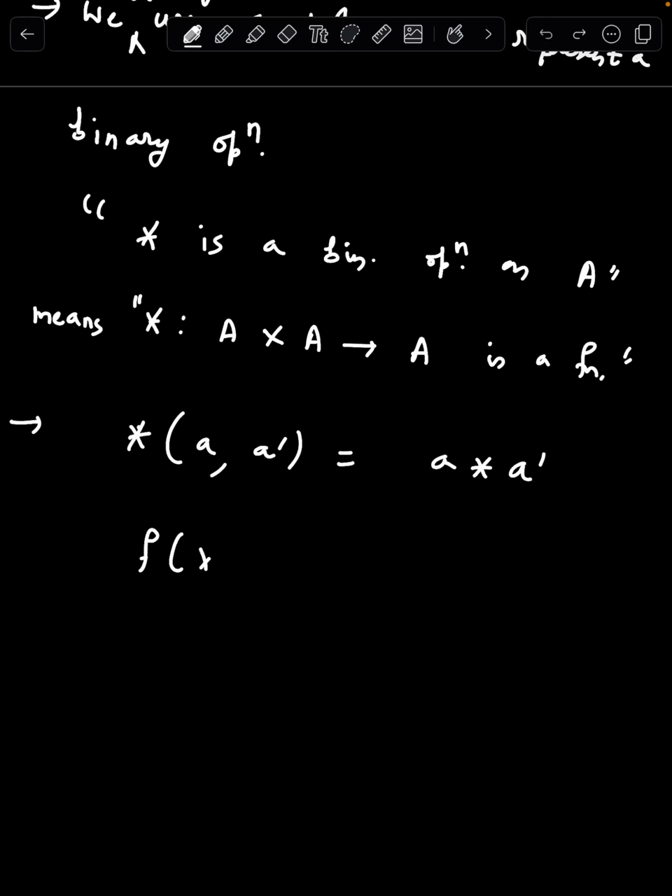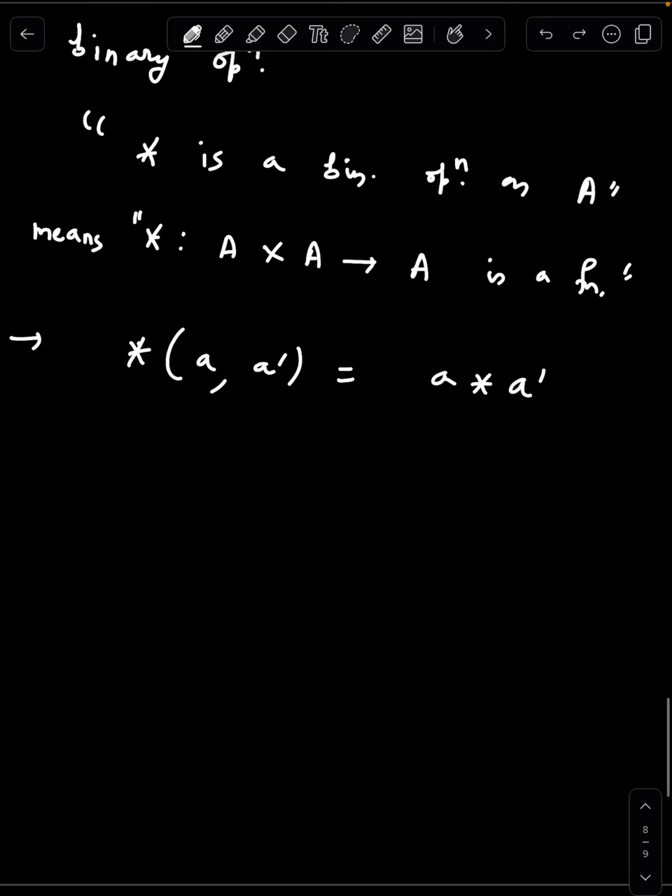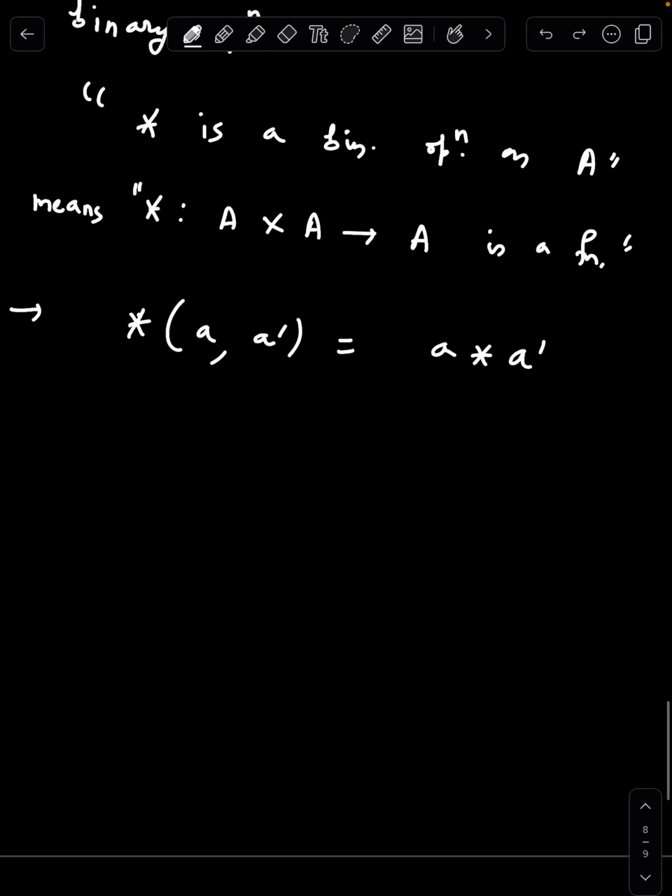So this is the conventional notation. We should denote star of A comma A prime like this, but this is being denoted using this. So that was about the notations.